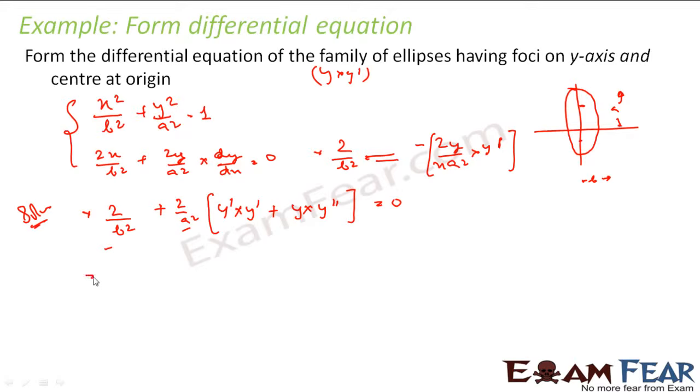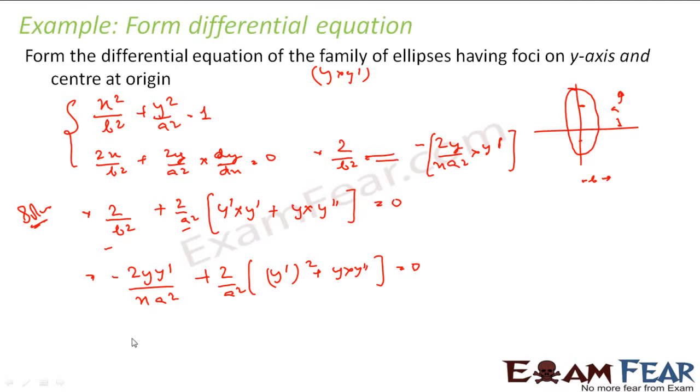Let's put the value here. This becomes minus 2y y dash by x a square plus 2 by a square into y dash square plus y into y double dash is equal to 0. Correct.